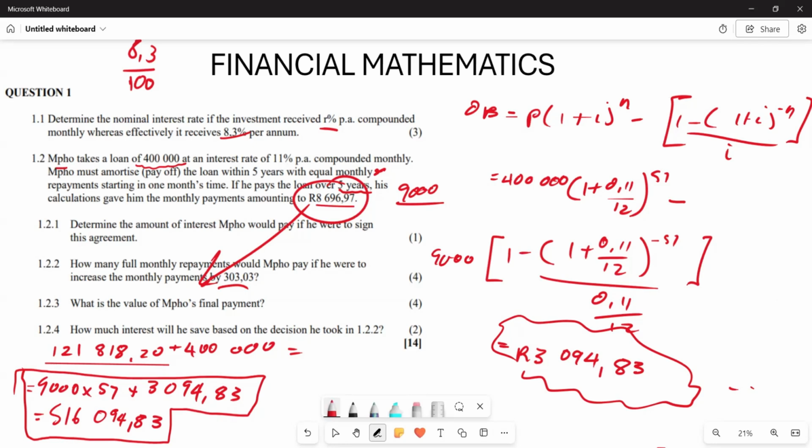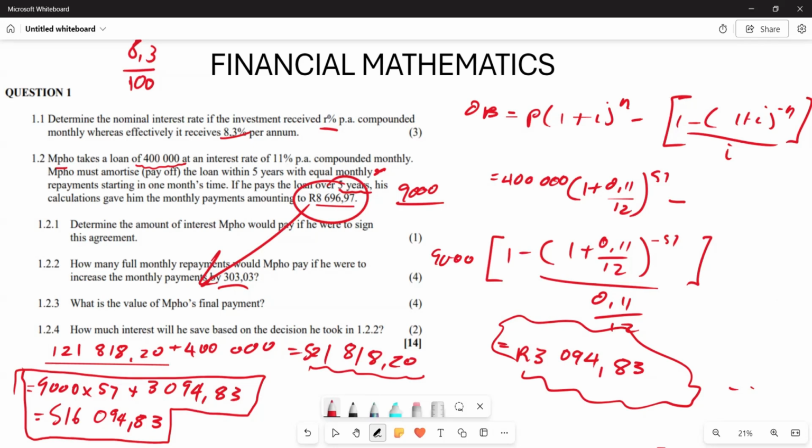Remember, the amount of money initially that was going to be paid was 521,818.20. This was the amount Mpo was going to pay if he didn't add the 300 as an interest. But now, if Mpo added the 300, he will only pay 516,094.83.